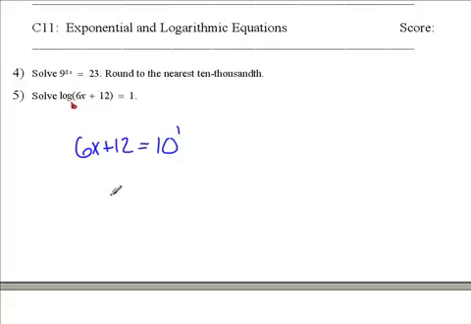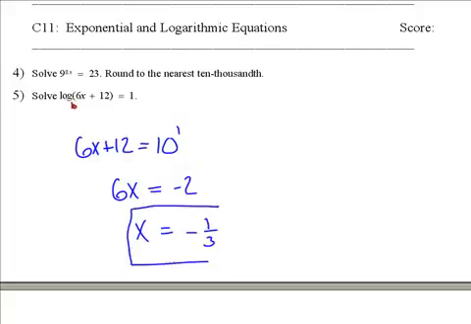I'm going to subtract the 12 from both sides and divide by 6. And we're done. If we want, we can plug that in and check. 6 times negative a third is negative 2. Negative 2 plus 12 is 10. 10 to the what is 1?